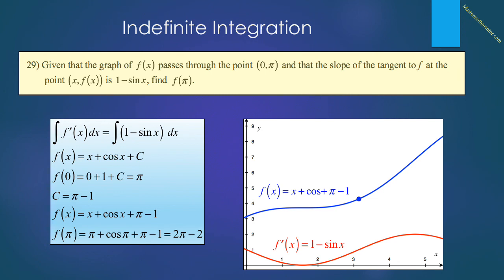Since f prime of x is decreasing between 0 and approximately 1.5, increasing between 1.5 and approximately 4.5, and then decreasing again, that confirms the concavity. The function itself is concave down, then concave up, and then switching back to concave down. And of course, the function also passes through the point pi, 2 pi minus 2.